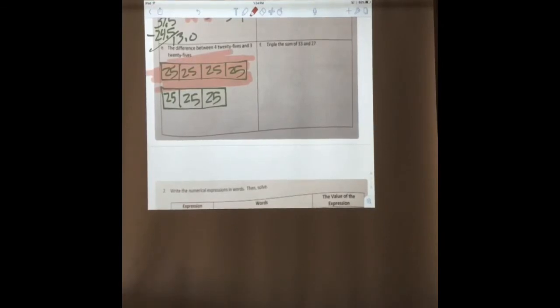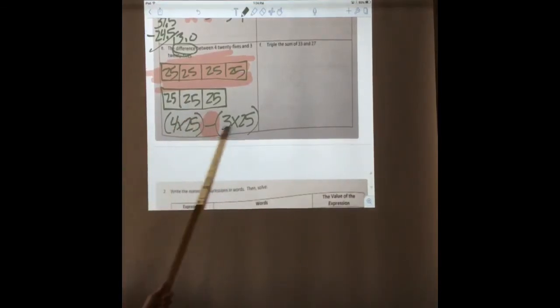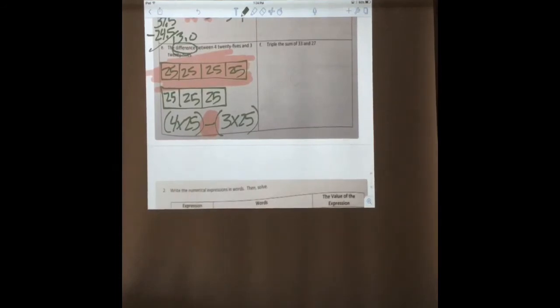And if we were going to write that out, we could say 4 times 25, right? And we have 3 times 25. What symbol do we put in the middle? We're going to put subtraction. Why? The word difference up here. That's very important. That means subtraction. Okay? And that's how we could show it. And this is how we could do it. And it's going to leave us with how much?